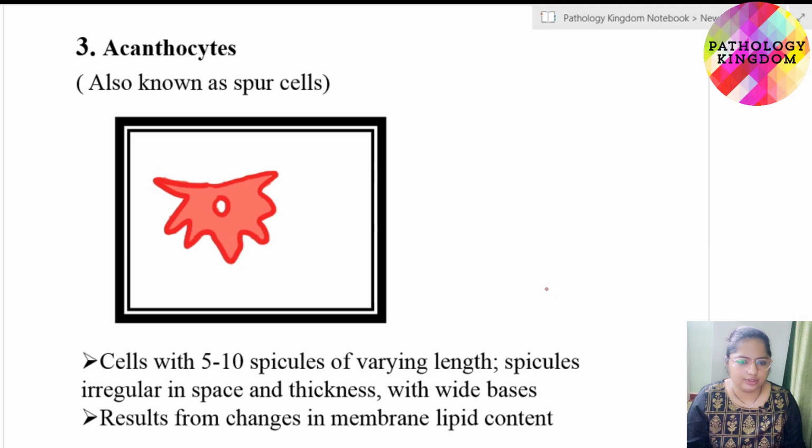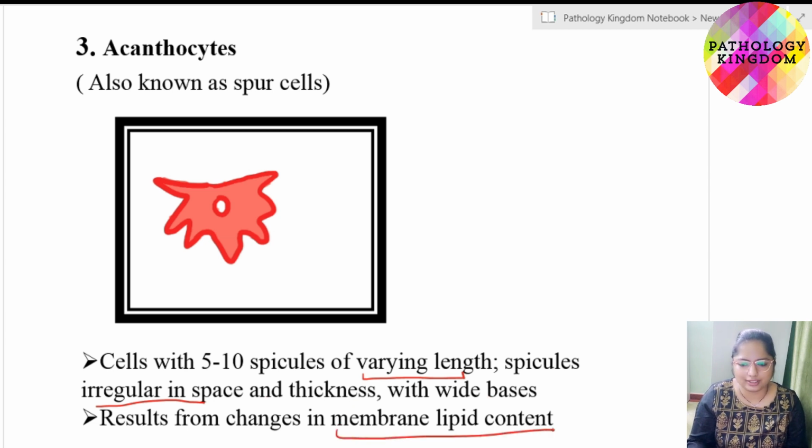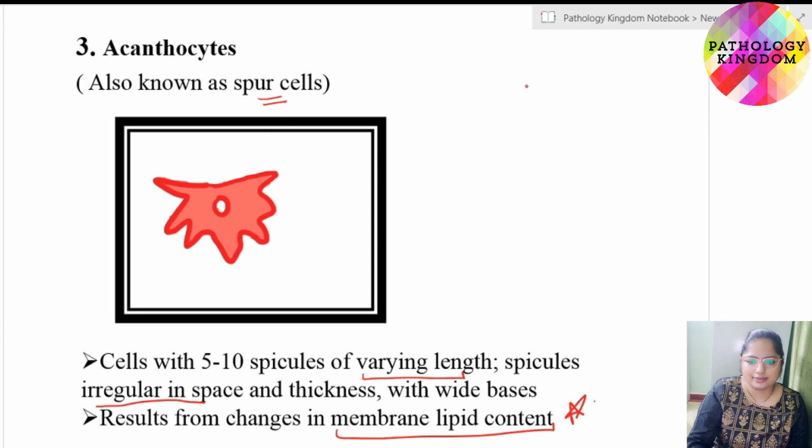Now coming on to the next, that is acanthocytes. They also have spicules, but these are large and of varying length, irregular in space and thickness with wide bases. These result from change in membrane lipid content, whereas Burr cells are because of change in external environment.